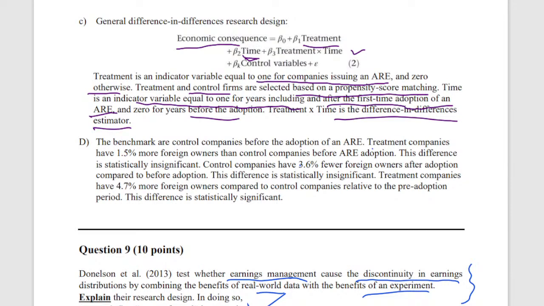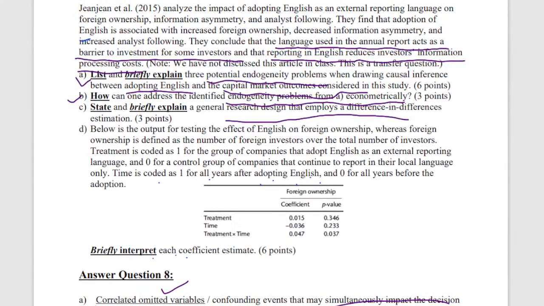Okay, so the result, let's see the result. They have given us this result. They have run the regression and they have found this. Now interpret each coefficient.